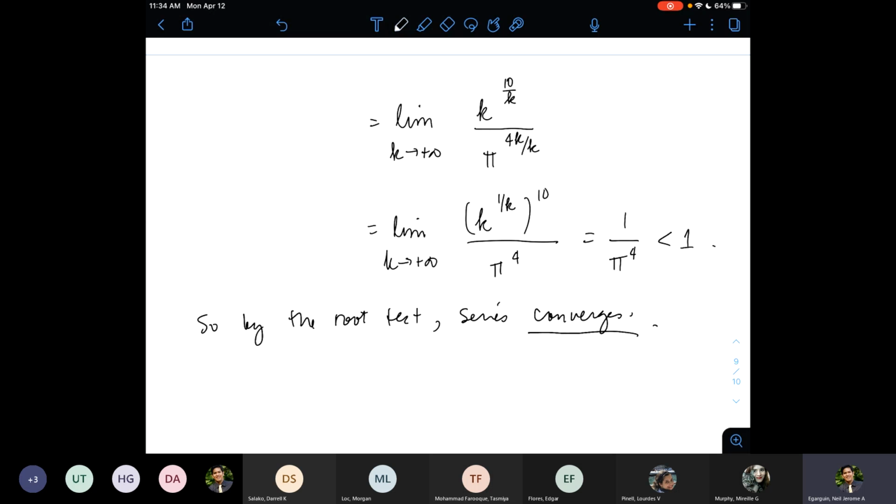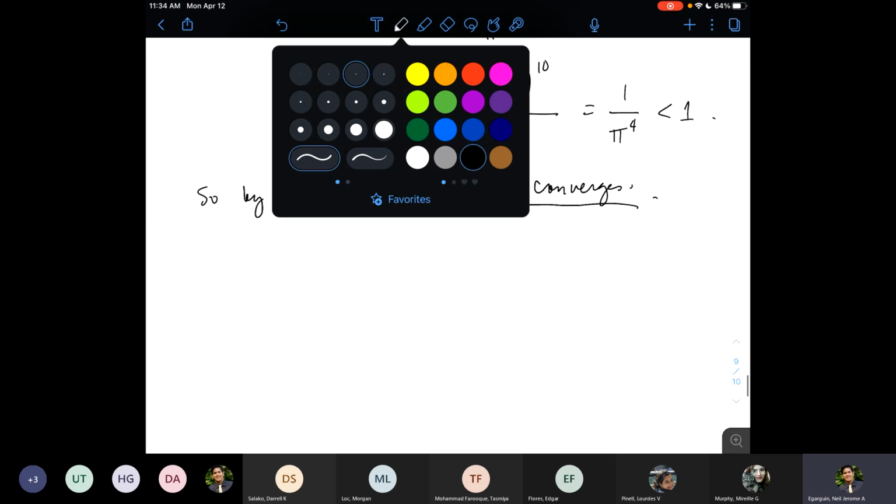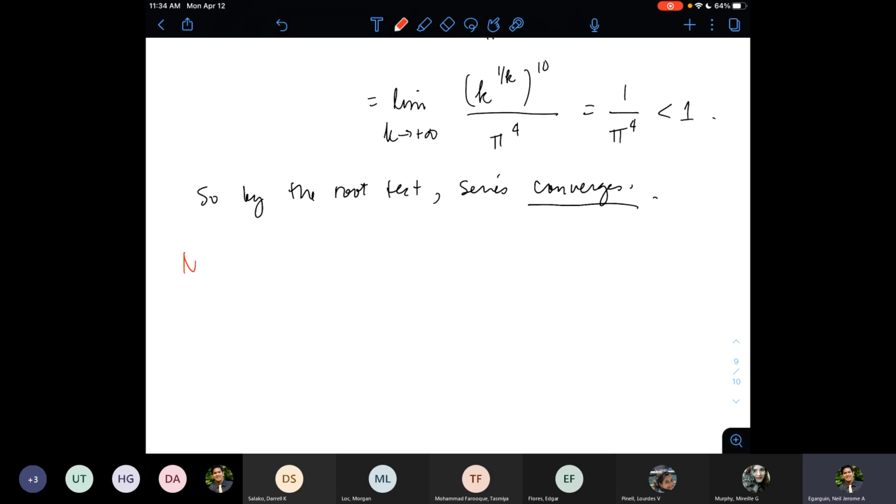Is that right? So maybe we can have this note. For any constant a greater than 0, the limit of n to the a over n as n approaches infinity is equal to 1.